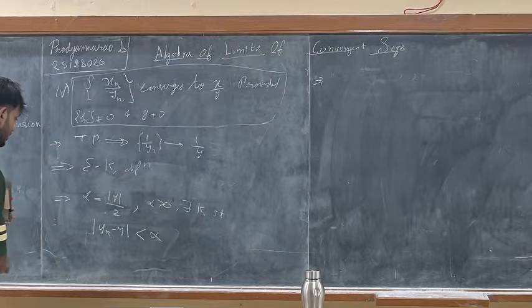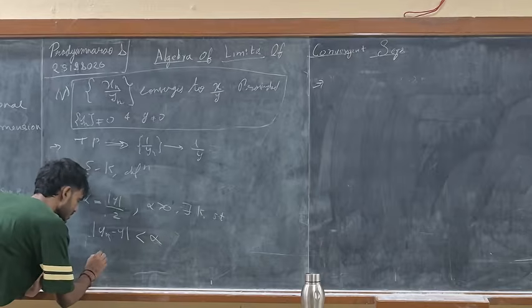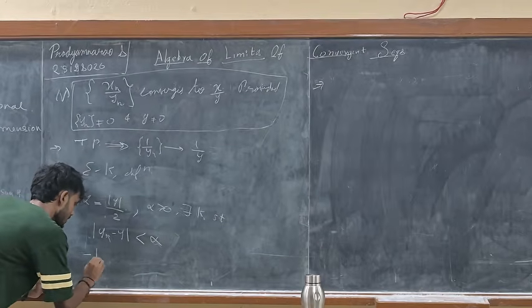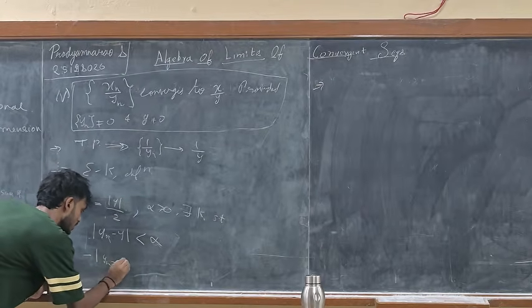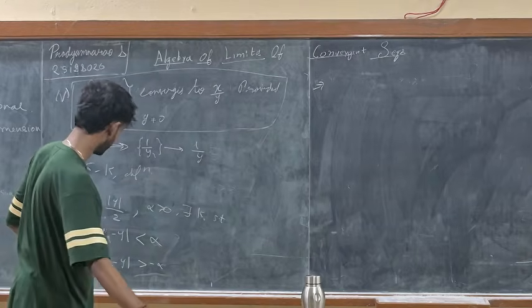We can further multiply this by a minus sign and change the inequality, such that minus mod y_n minus y is greater than minus alpha.